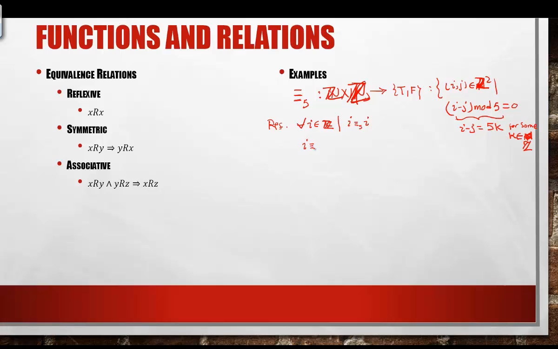We say i is in relation with i if i minus i is equal to 5k for some k that is an integer, right? This is actually true because i minus i is equal to 0, which is 5 times 0, and 0 belongs to the set of integers. So reflexive, checked. So the equal 5 is reflexive.